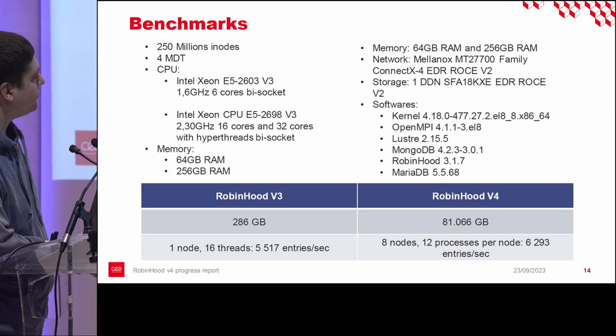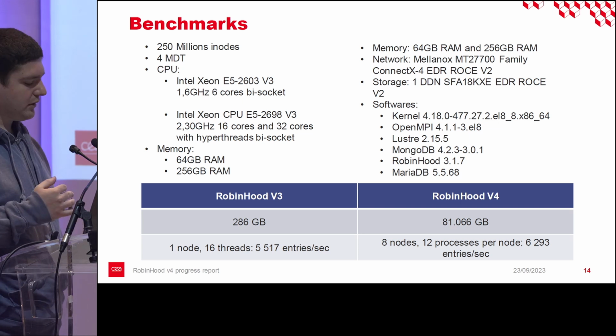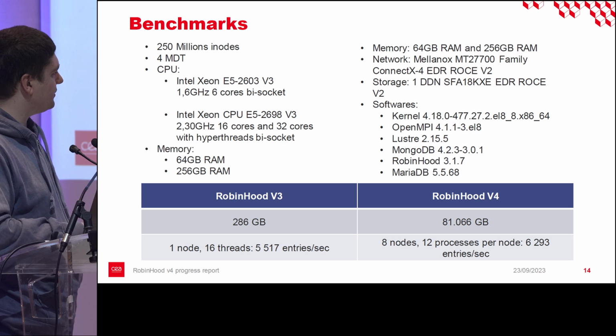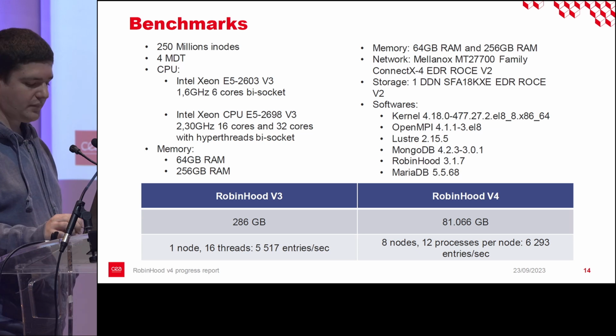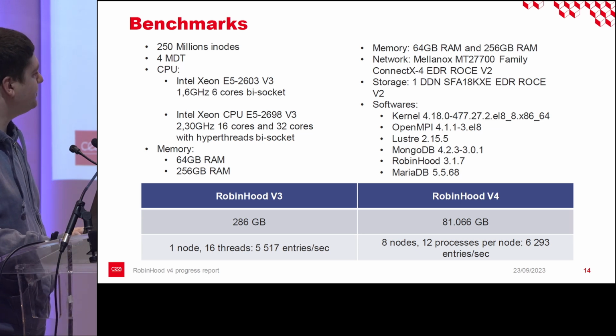For RobinHood 4, we are more than 3 times as lightweight as RobinHood 3, and we are at least better than RobinHood 3 on the best setup we could muster for this test. We also hope to be able to improve these performances in the future, in a better setup, and also when we have more nodes and more processes available.